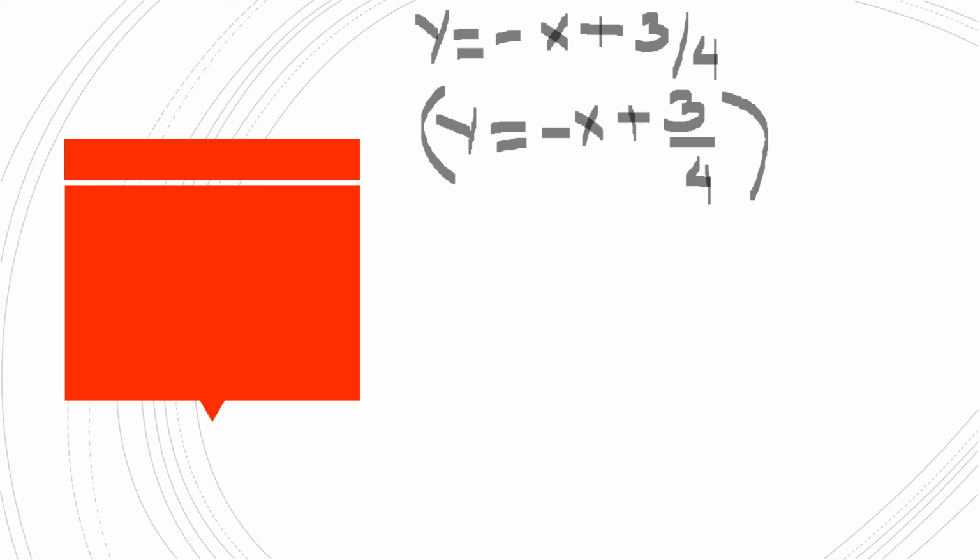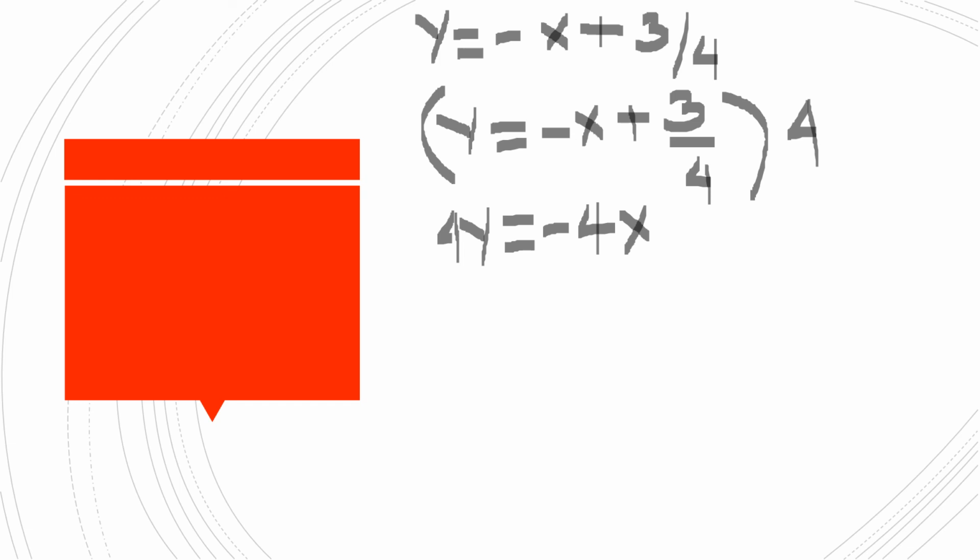So, since 4 is the denominator, we multiply all of them by 4. 4 times y, the answer is 4y. Okay? 4 times negative x, of course, the answer is negative 4x.